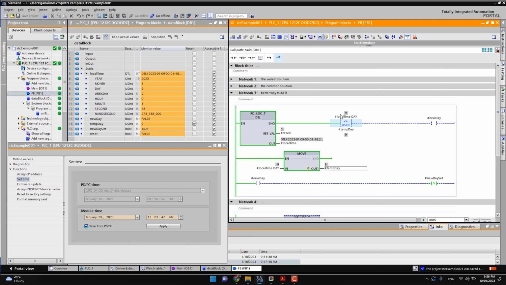So if there is a change in the day, it will trigger for only one cycle because again, the day will be assigned back again to the temp day. And one thing to consider here is that this variable shall be on retain, because if the PLC is off and back again on, we need to keep the last calendar day rather than moving back again to the start value.